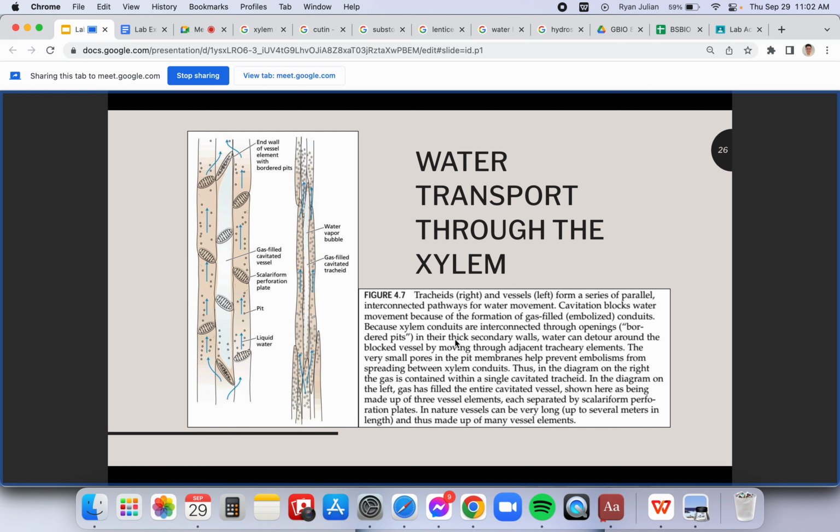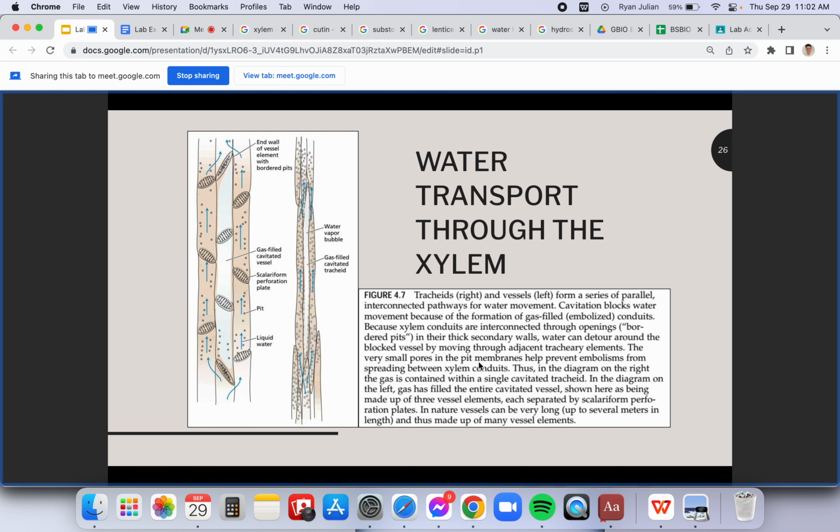Because xylem conduits are interconnected through openings, or what we call the bordered pits, in their secondary walls, water can detour around the blocked vessel by moving through adjacent tracheary elements. And the very small pores in the pit membranes help prevent embolisms from spreading between xylem conduits.